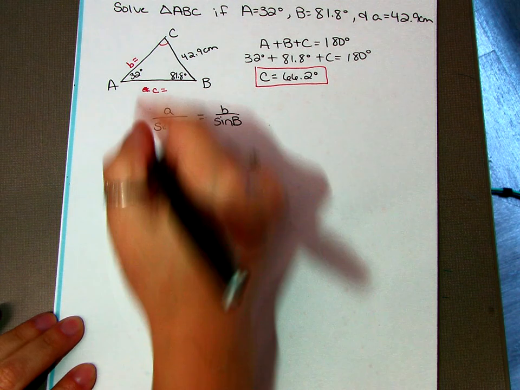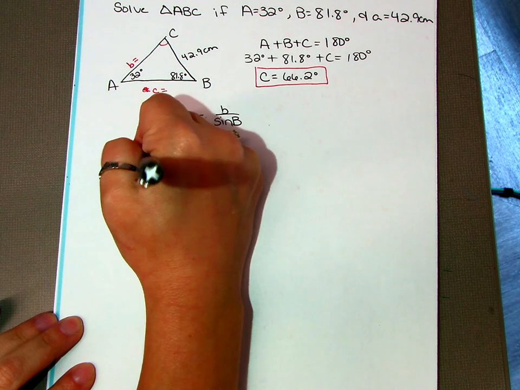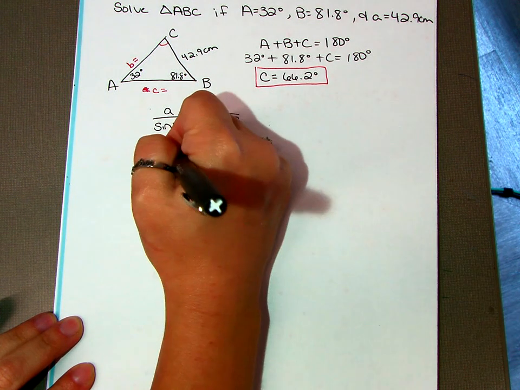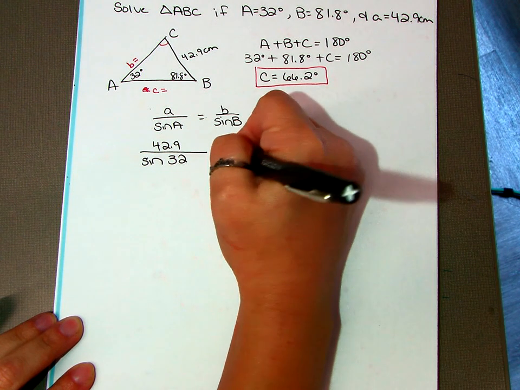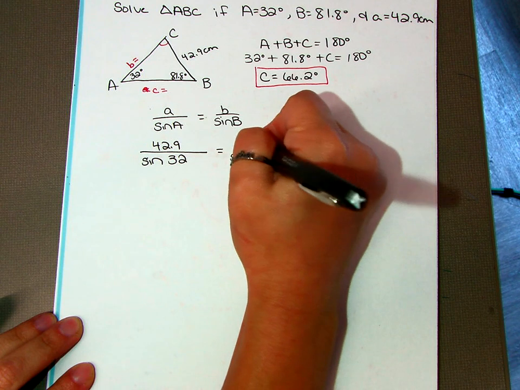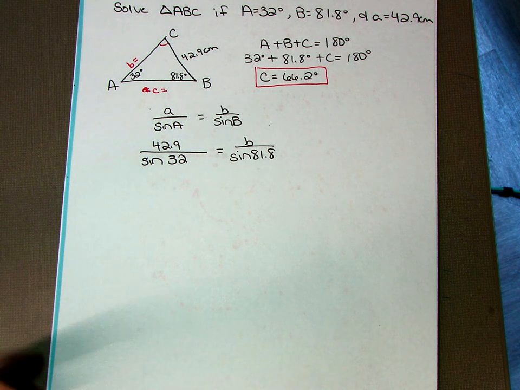A is 42.9. Sine of A, which is 32, equals B over sine of B, which is 81.8. Just like in previous sections, don't type in sine 32 and then get the decimal and put the decimal on your paper, because the more times you round, the further away from the true answer you are getting.